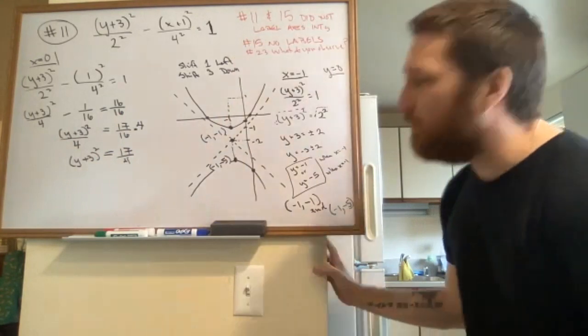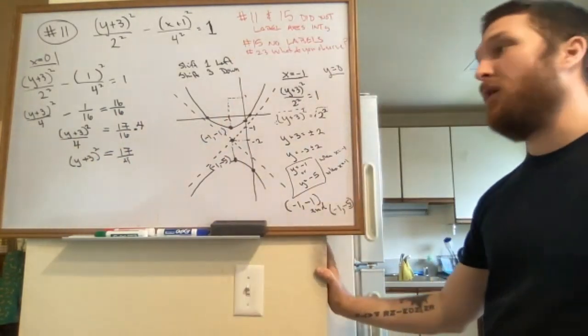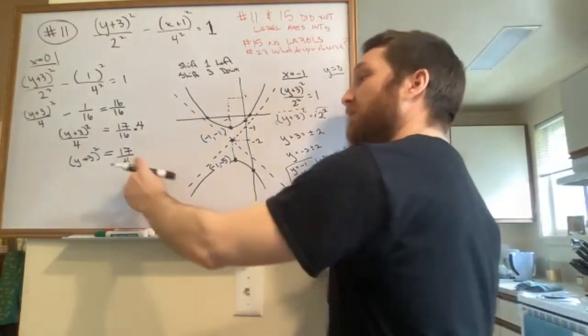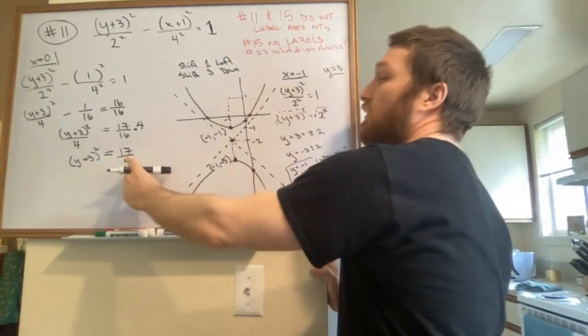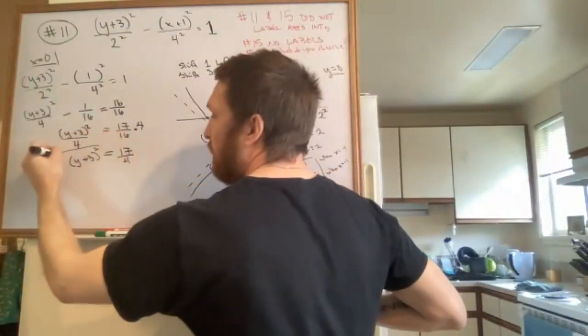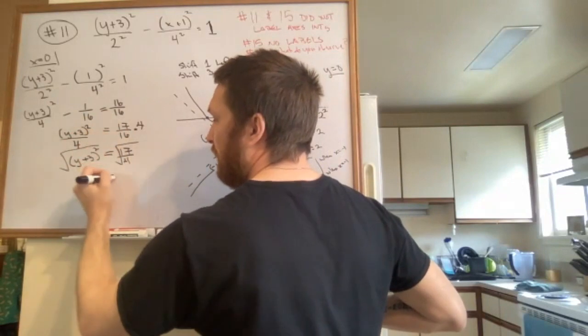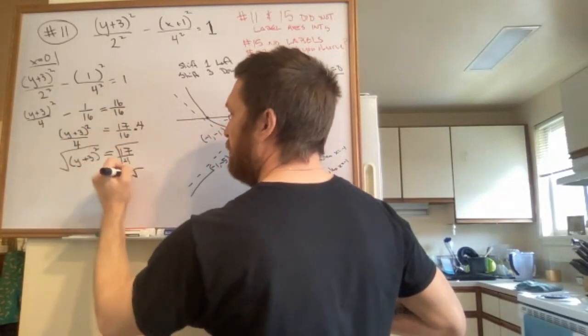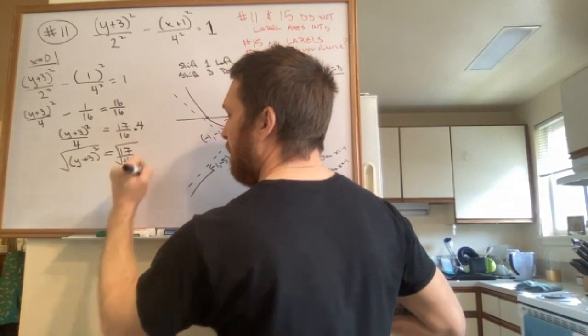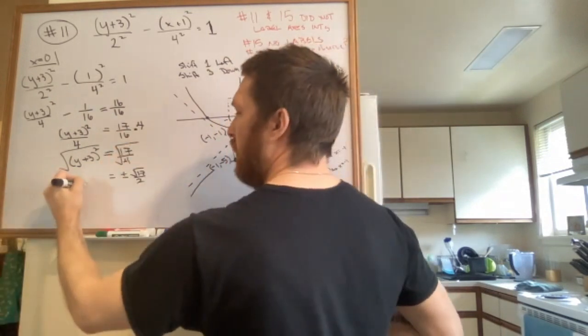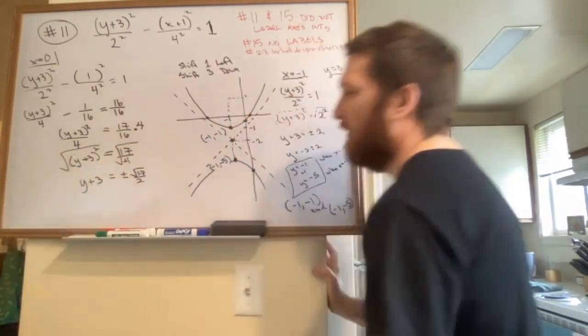I'm going to take a square root of both sides. 17 is prime, so I don't need to worry about him. The 4 is going to go down to a 2, so that's nice. Square root of both sides is going to be plus or minus root 17 over 2. So, y plus 3 right there.